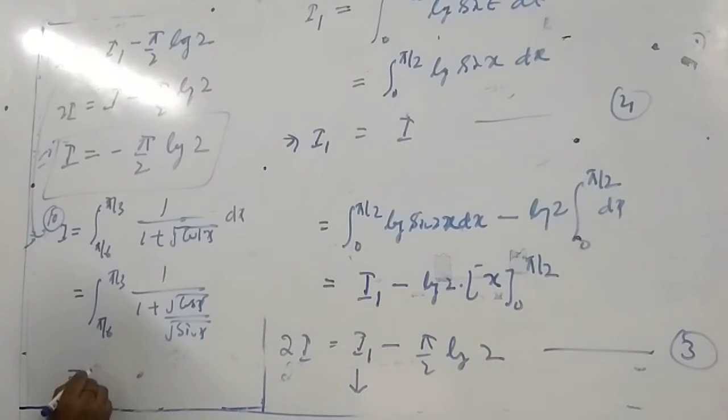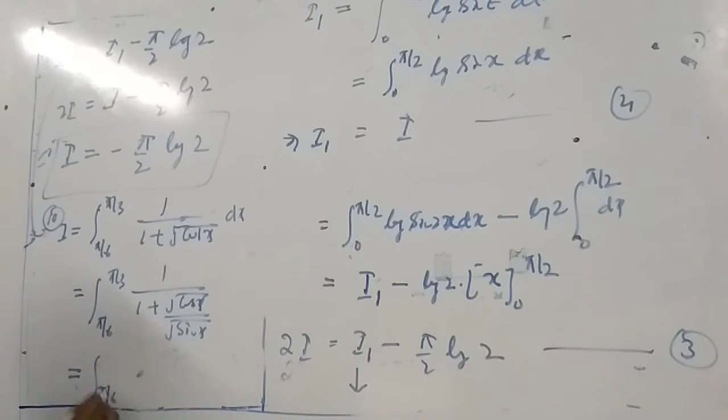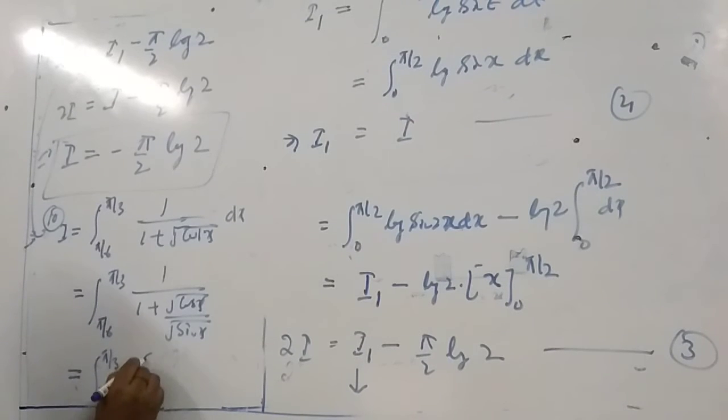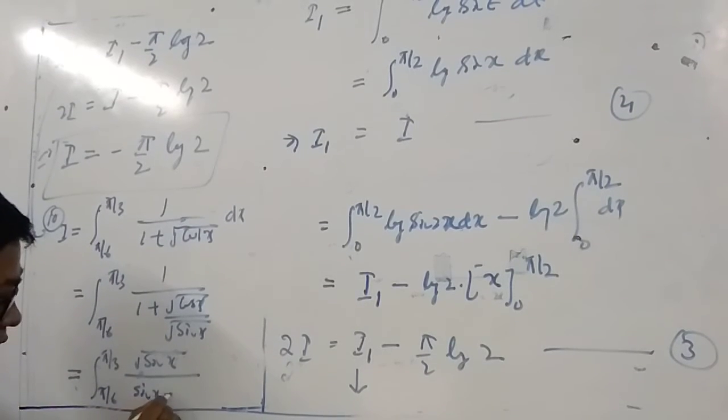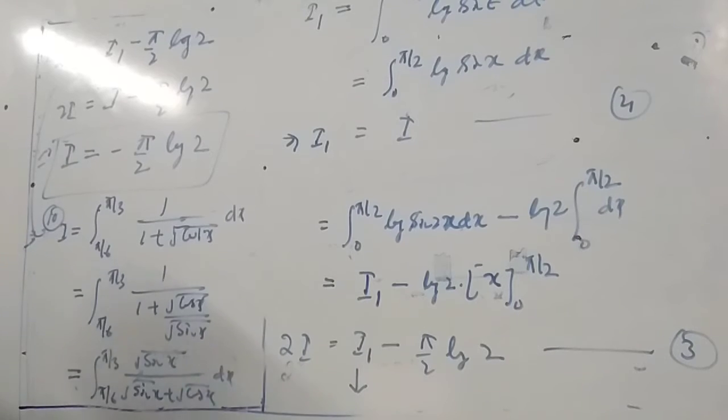Further on, you can see here the integral from pi by 6 to pi by 3 of root sin x upon root sin x plus root cos x dx.